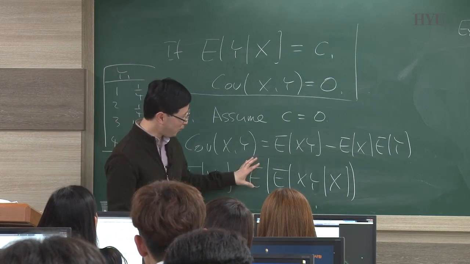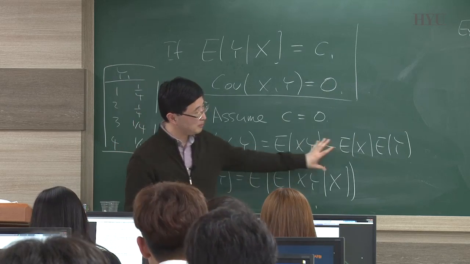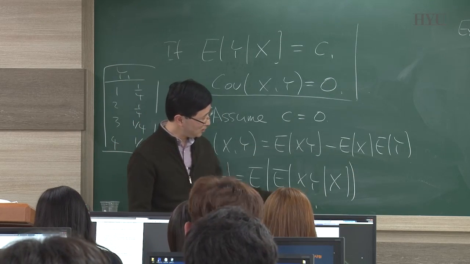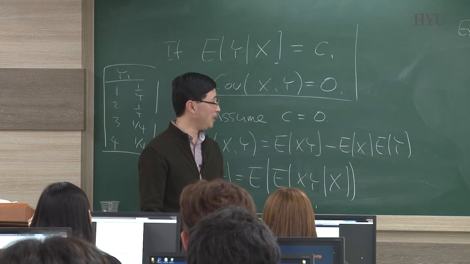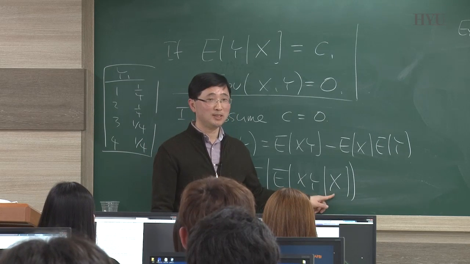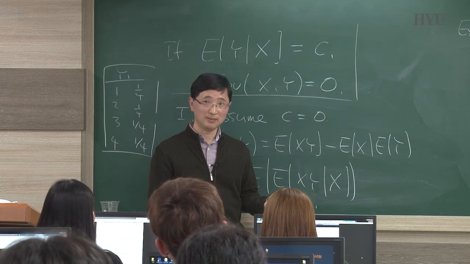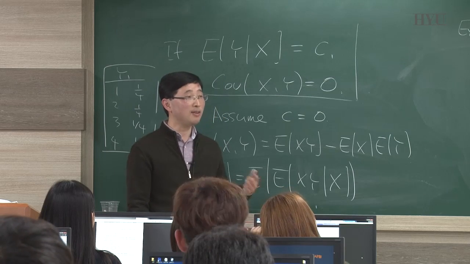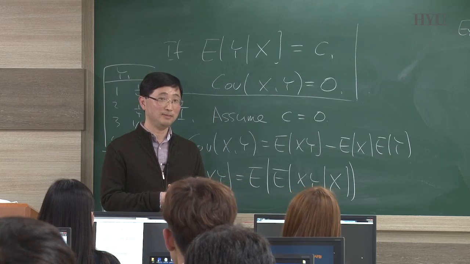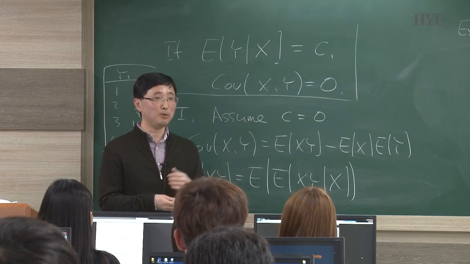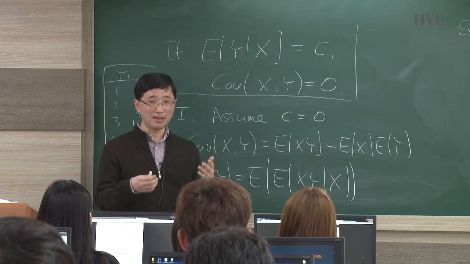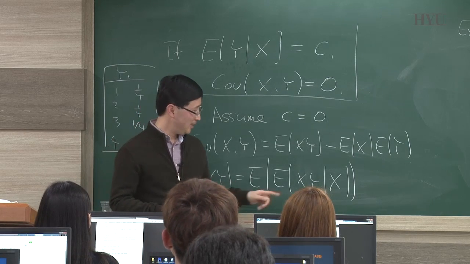Now let's forget about this outer expectation. Let's focus on this inner expectation first. Okay? Conditioned on x, meaning that you know the value of x. X is a constant, right? If somebody says that x is 3.5, then you can treat it as a constant, right? Then can you take it out?